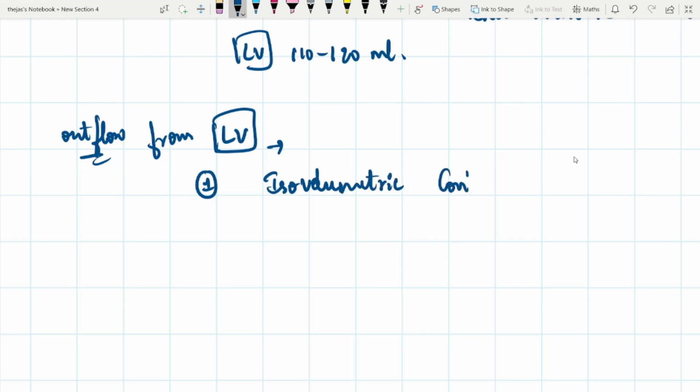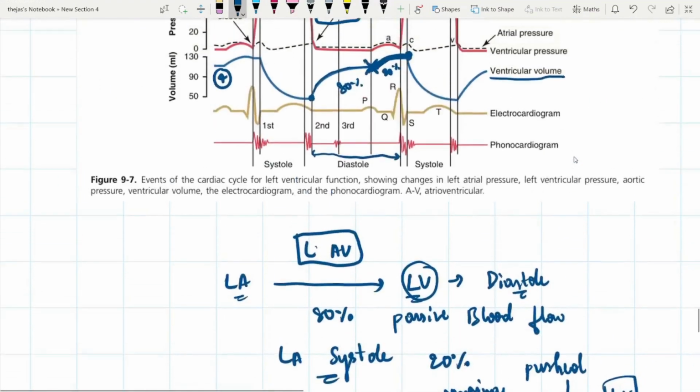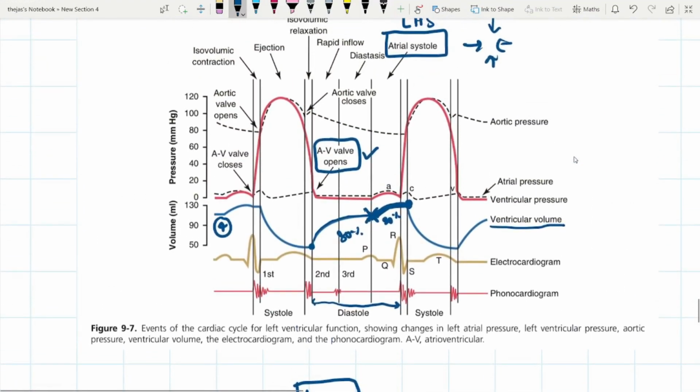What is meant by isovolumetric? Means the volume is constant here. See, at the end of diastole, in this phase, the AV valve closes. Okay, at this point, AV valve closes.